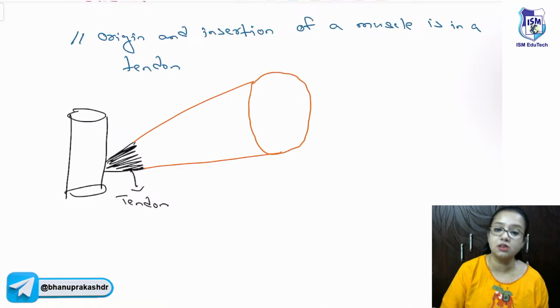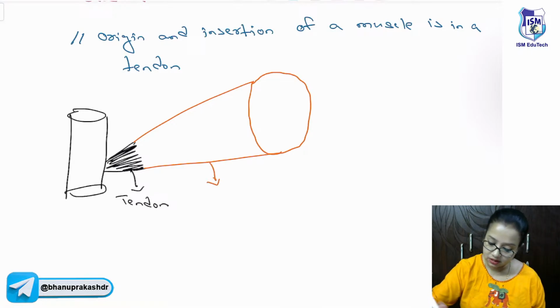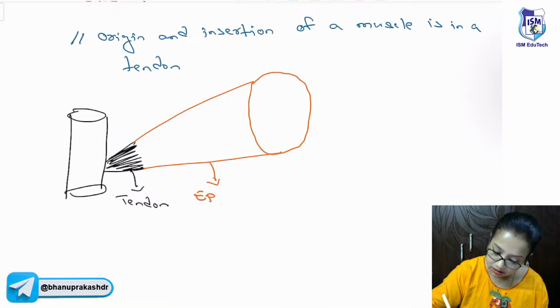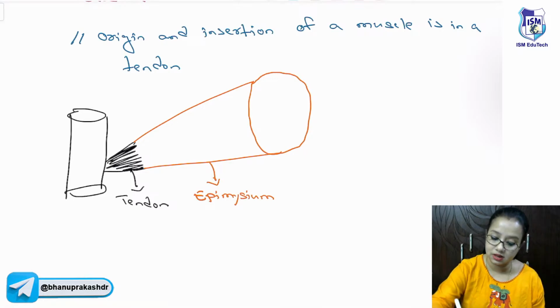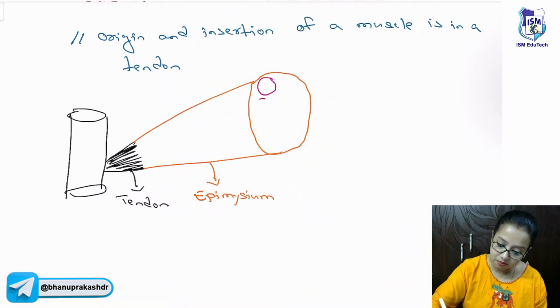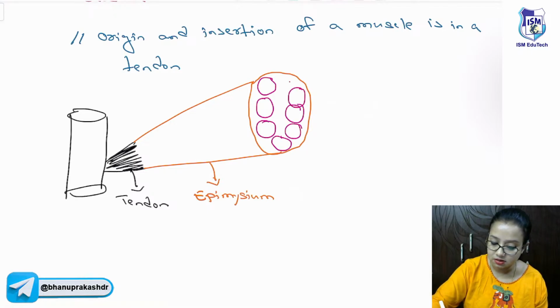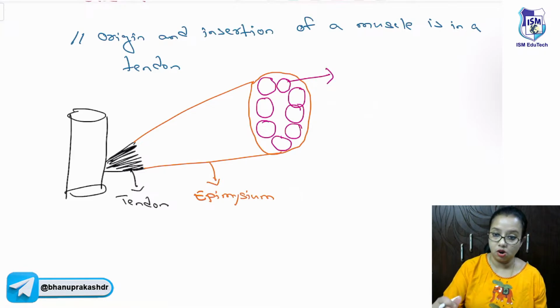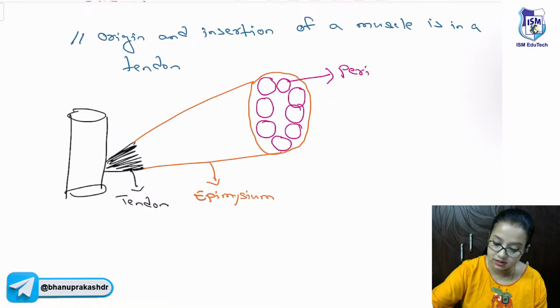And what is the hierarchy of it? What are the layers of it? The outermost tough covering is called the epimysium. Inside this epimysium lie bundles of myofibrils or skeletal muscle fibers. The structure that encapsulates each fascicle is called the perimysium.